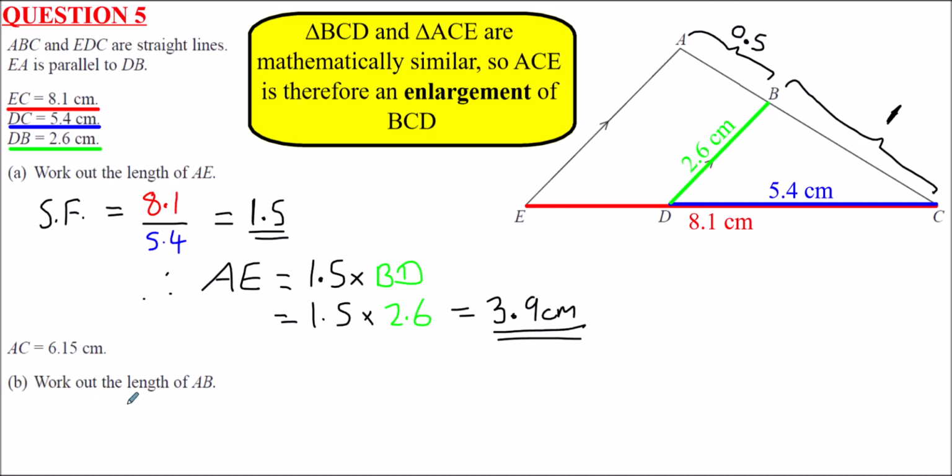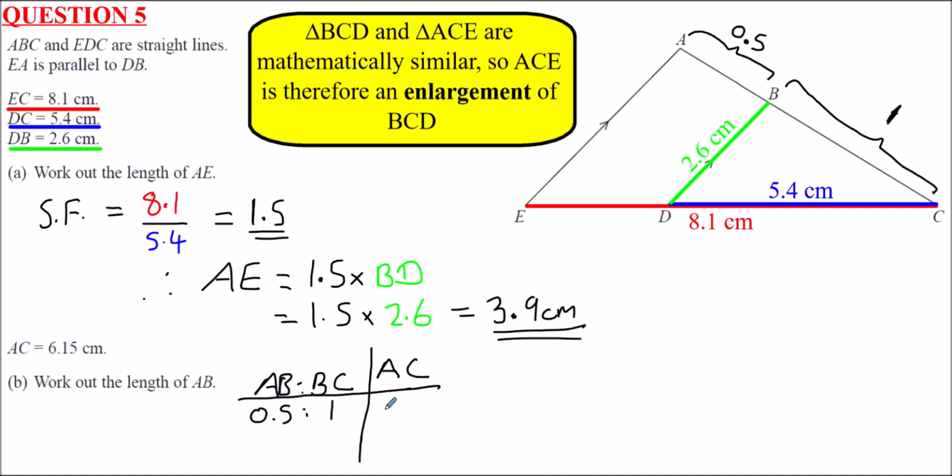So we can do this as a ratio. AB to BC is 0.5 to 1. However, the total of AB added on to BC is the full length of AC. So AC is these two added together.